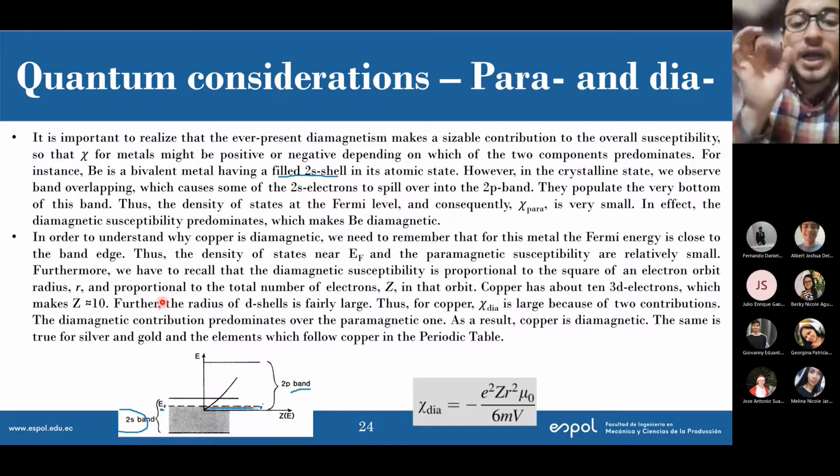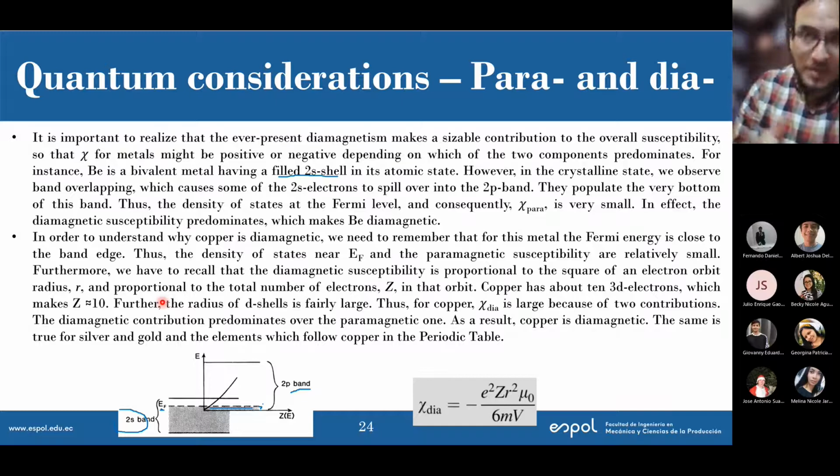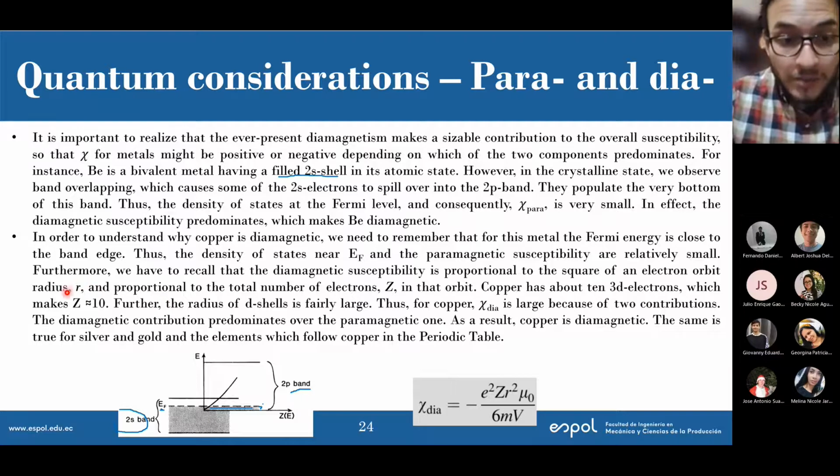And remember, the S shell has a very small orbit radius, the P shell a bit larger, D is fairly large, and F is even larger, right? So D is fairly large, so that makes R very big.